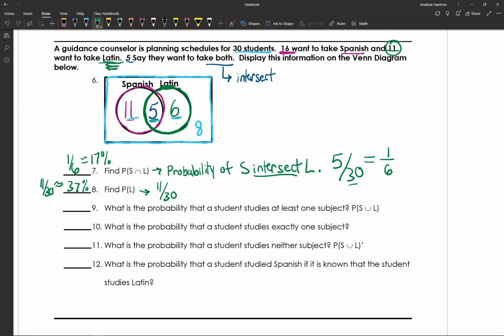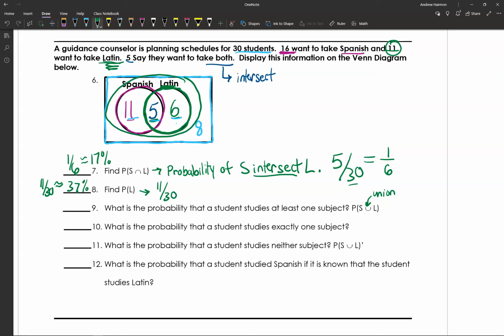Next one, what is the probability that a student studies at least one? That means they're going to either take Latin or Spanish or both. So it says the probability of S union L, where this symbol means union. So that means everything in S plus everything in L. So what we would do here is add up the total of everything within these circles here.